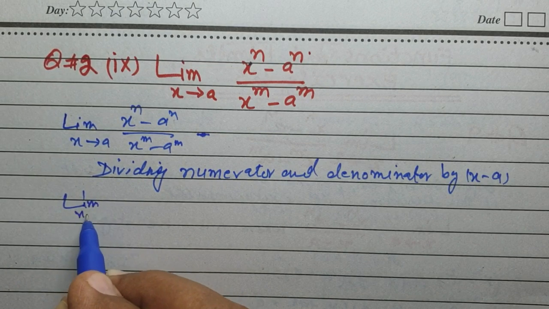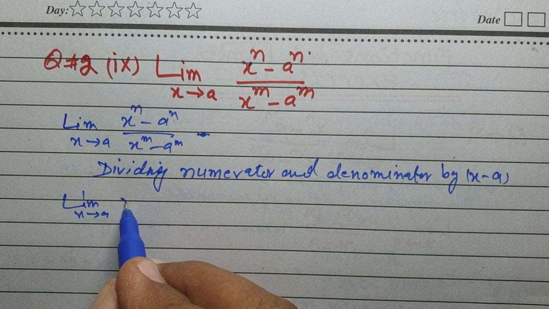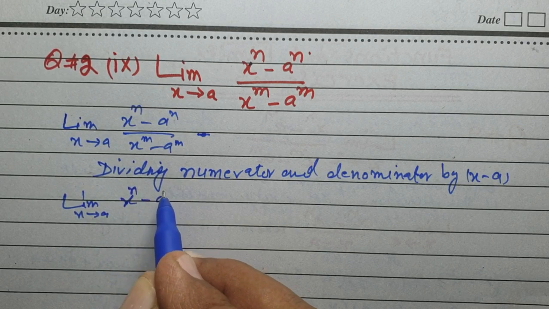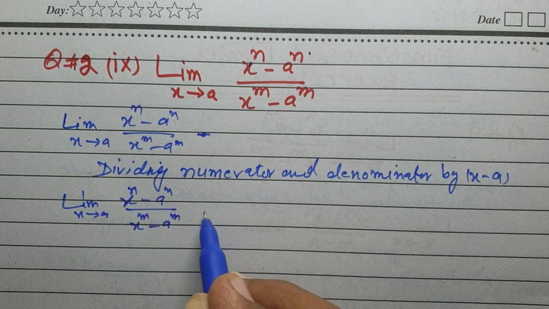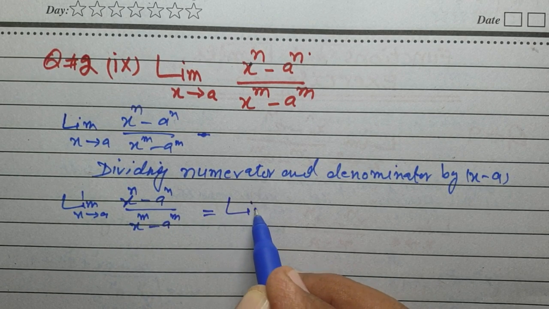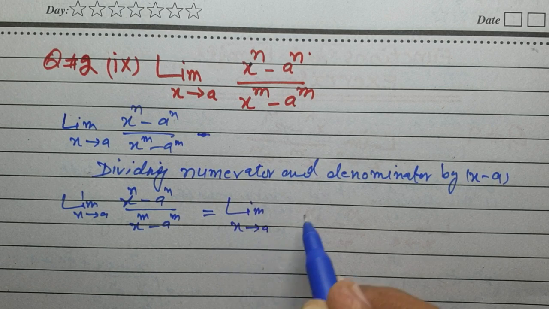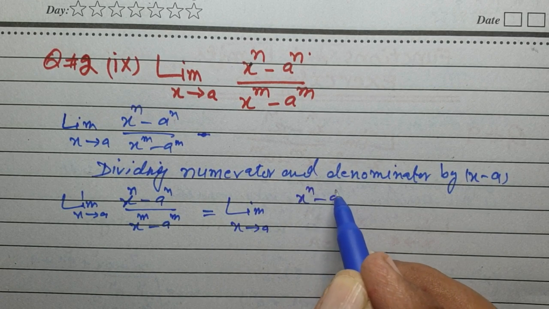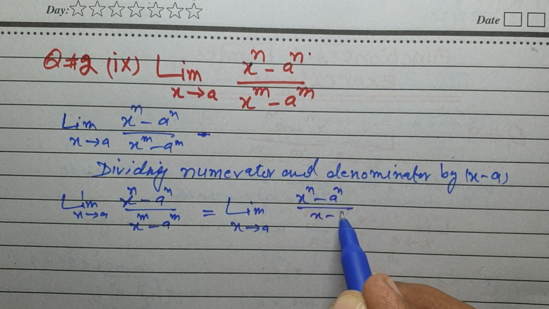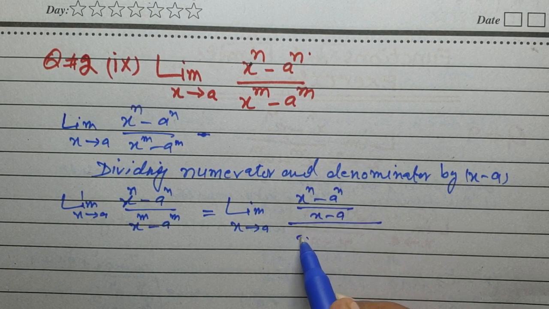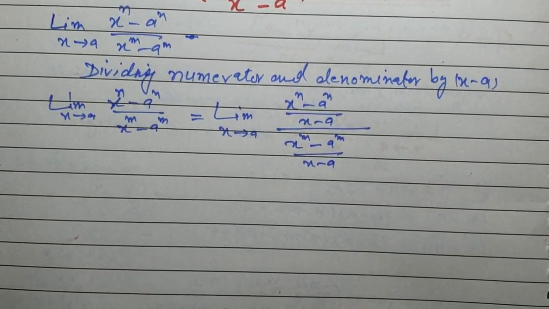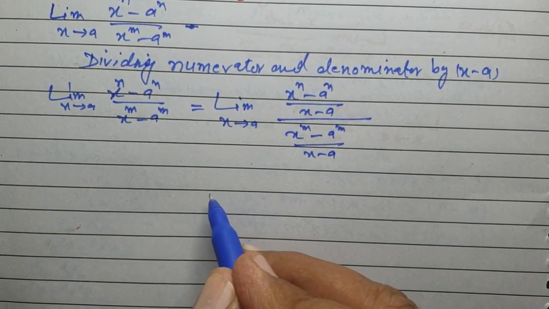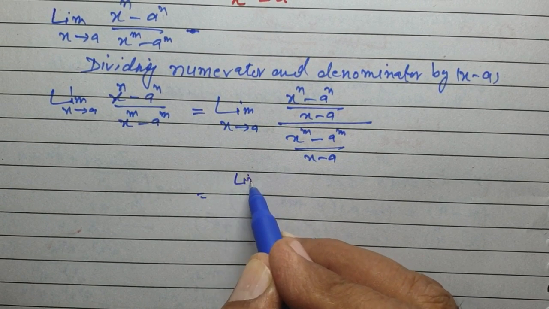We get limit x tends to a, x raised to power n minus a raised to power n over x raised to power m minus a raised to power m equal to limit x tends to a, x raised to power n minus a raised to power n divided by x minus a, and x raised to power m minus a raised to power m divided by x minus a. So you may take the limits separately.